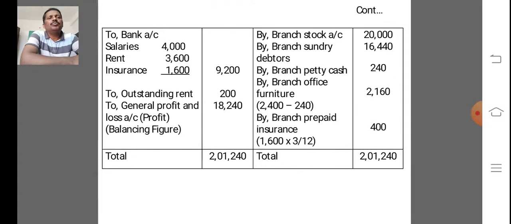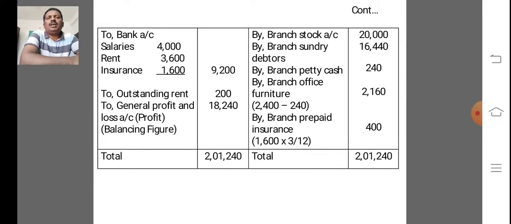1,600. Next, debit the bank account head office with the amount of branch expenses met by the head office: salary 4,000, rent 3,600, insurance 1,600, total 9,200.